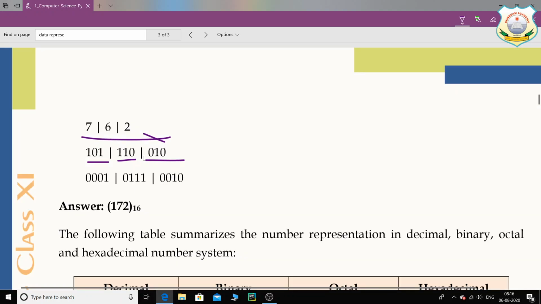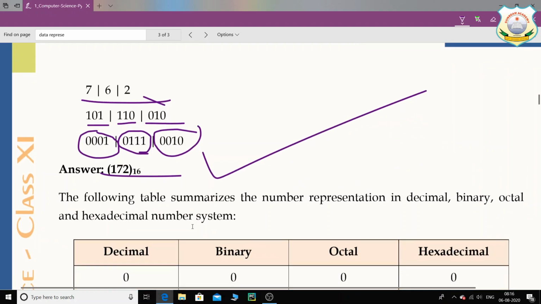So first I will take the groups of 3 using the 3-bit representation, and then convert this into 4-bit. So you can see 0010, 0010, then 0111, right? This is the second, and left is only 1, children. So I'm adding 3 zeros over here, and that is the answer. So this is also done, children. I hope this is very much clear now.